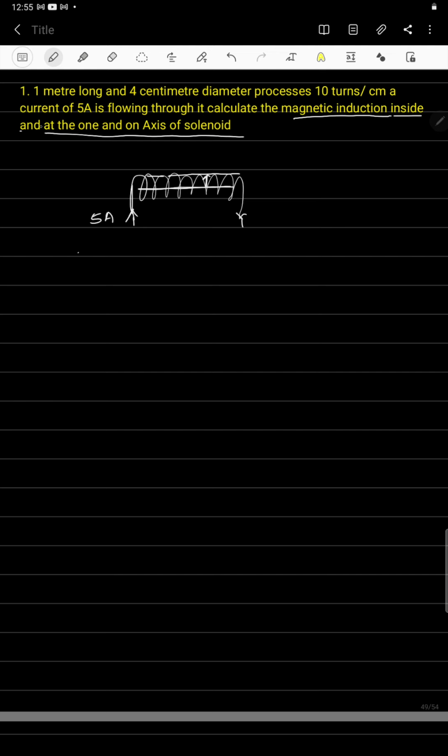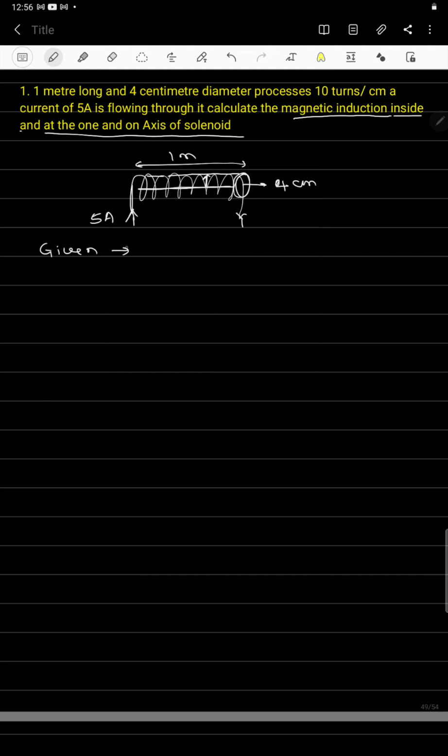This solenoid is 1 meter in length, and the diameter of this solenoid is 4 centimeter. Let us now take the given things.